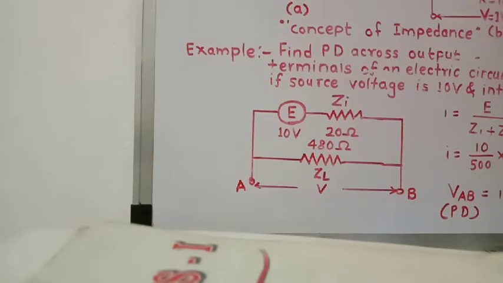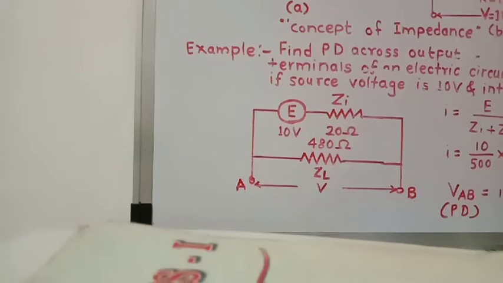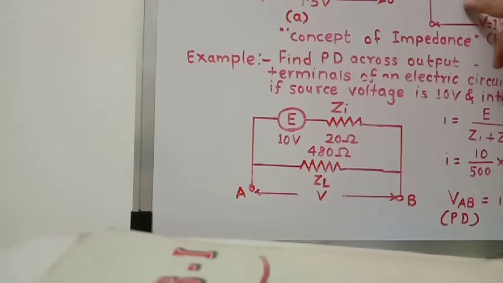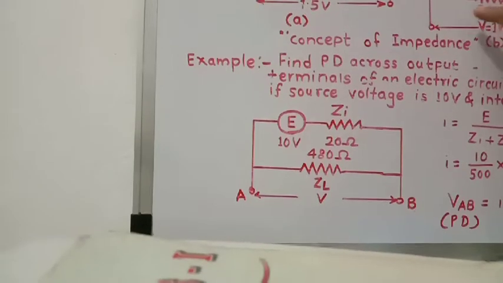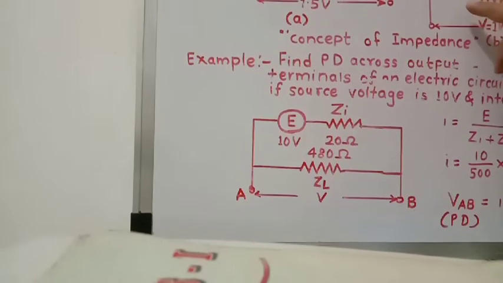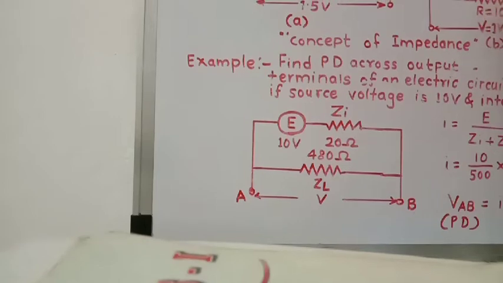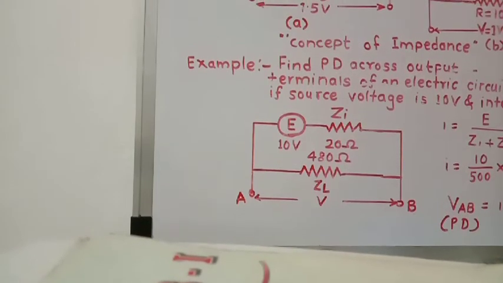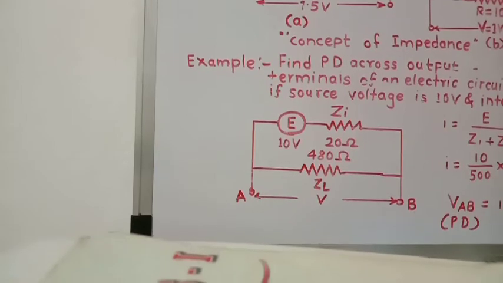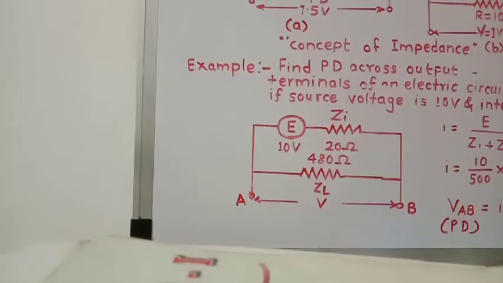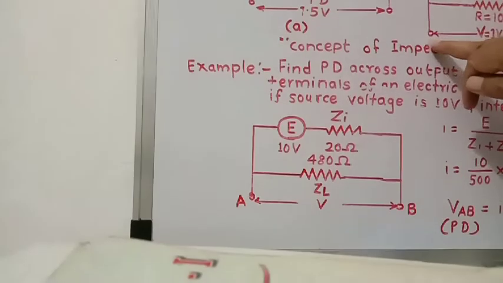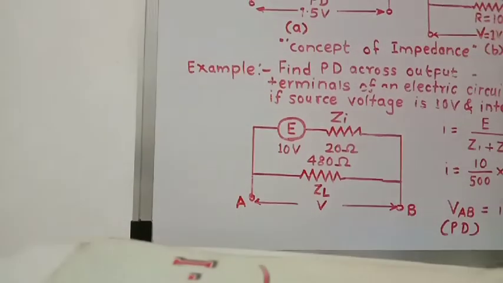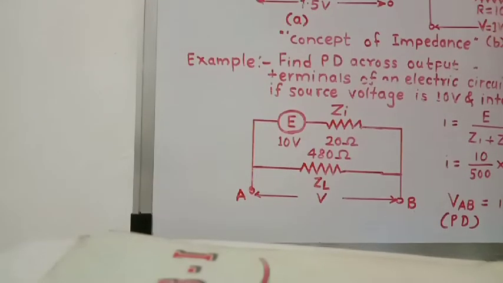Okay, 1.5 minus 0.5, or we can also calculate I into R, that is voltage across this load resistance. Voltage drop across this load resistance R is equal to I into capital R, that is I is 0.1 into 10, that is equal to 1 volt. So the terminal voltage or the potential difference across the output terminals phi is equal to 1 volt.